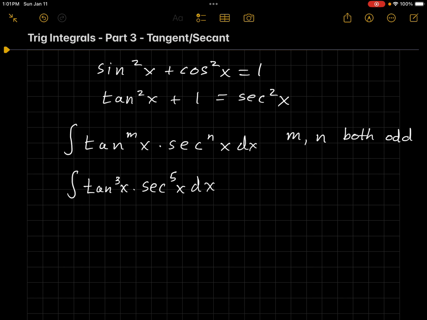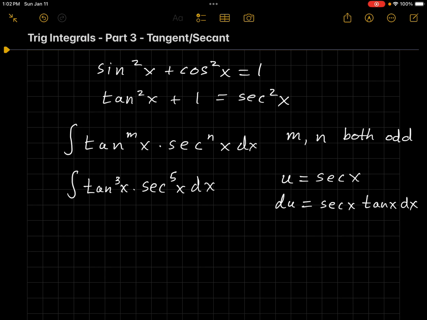When I see a situation like this, I usually think we will do a u substitution where u is secant of x. Let's see how this works out. If u is secant x, then du is secant x tan x dx.